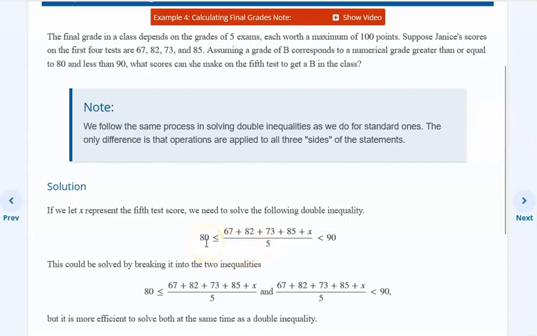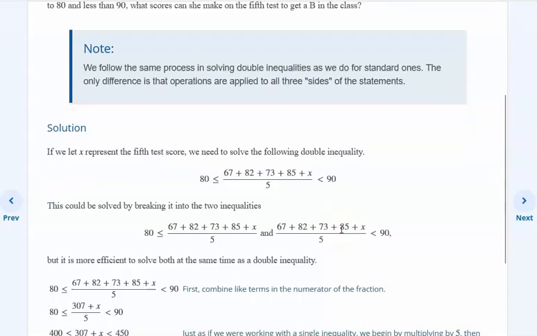But they want the score to be greater than or equal to 80 and less than 90. Now notice the different inequality signs. So this is an n here. And we're going to calculate this.